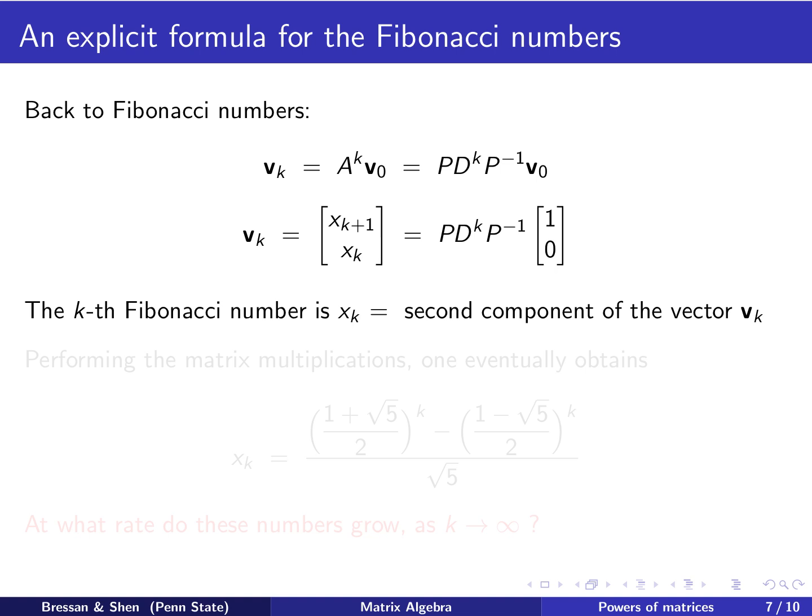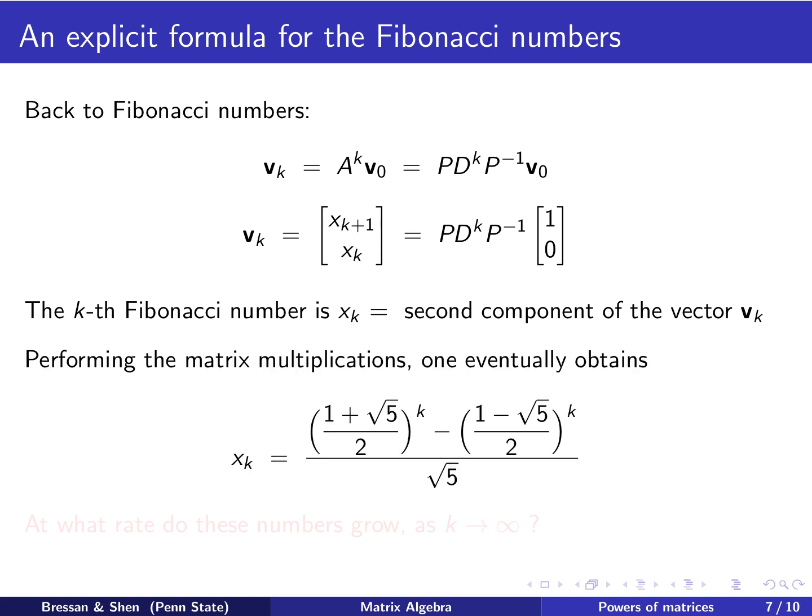Now let's write out the elements of these vectors. So Vk would be xk plus 1 and xk as the elements. And then V0 initially, assuming that it's 1 and 0. Then we see that once this Vk is computed, then the kth Fibonacci number will be xk, which will be the second component of the vector Vk.